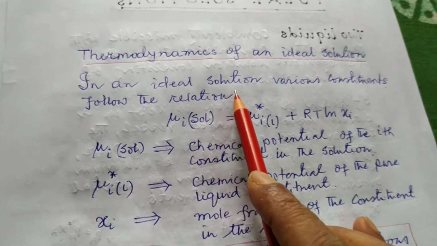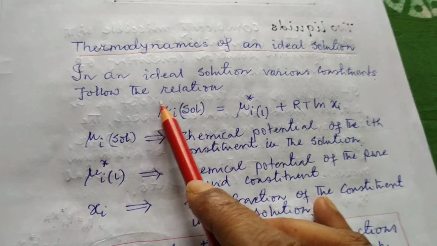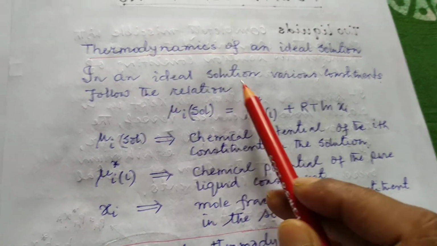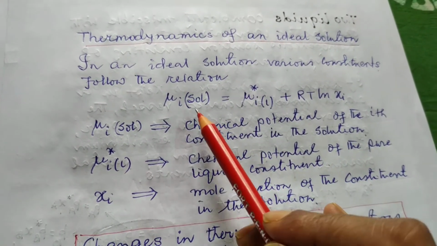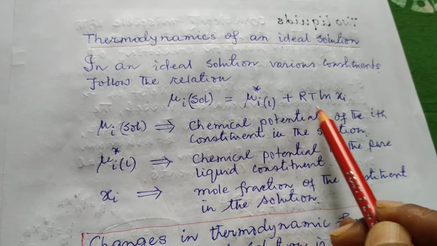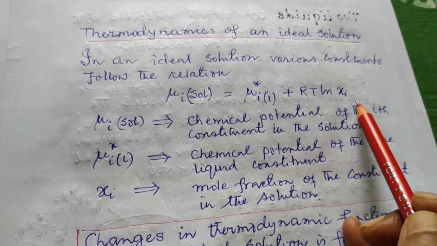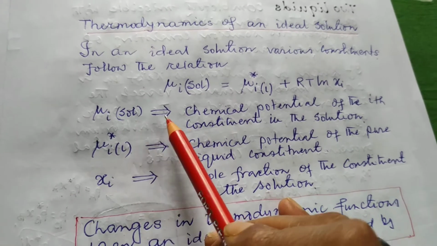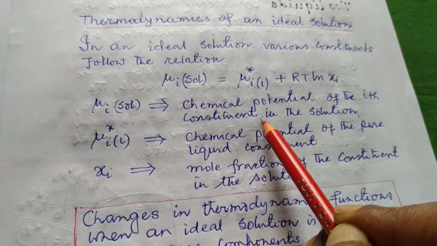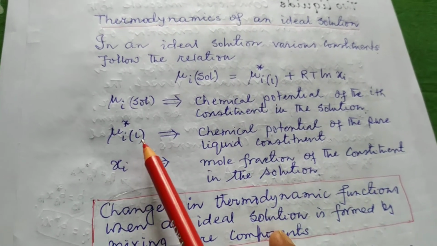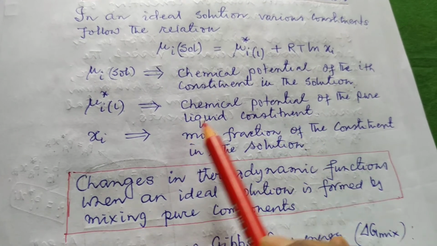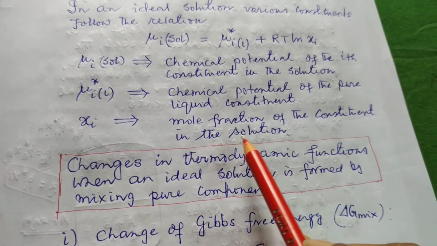In an ideal solution, the various constituents will follow the relation mu i solution equals mu i star liquid plus RT ln Xi, where mu i solution is the chemical potential of the ith constituent in the solution, mu i star liquid is the chemical potential of the pure liquid constituent, and Xi is the mole fraction of the constituent in the solution.